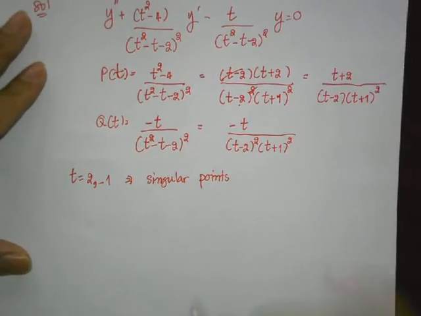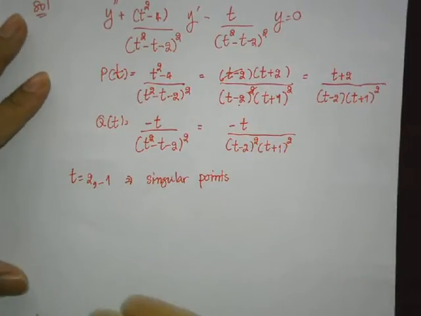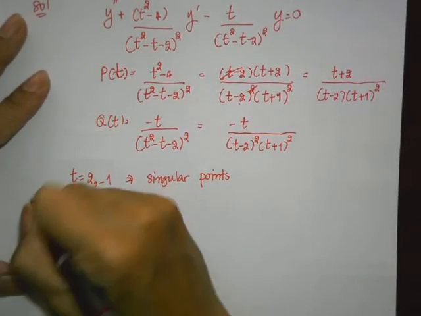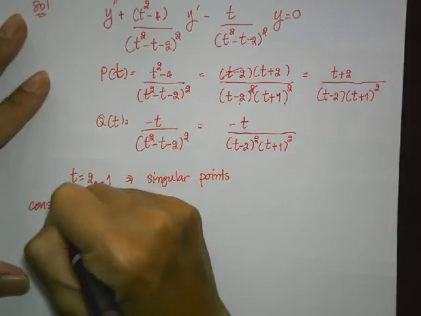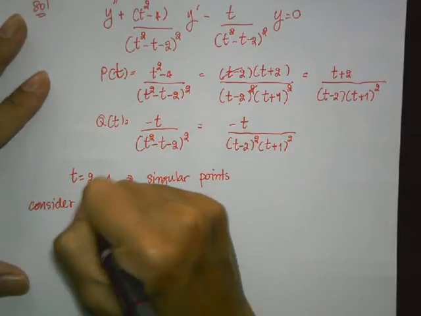So to do that, we have to consider each point at a time. Okay? So we consider t is equal to 2 first.